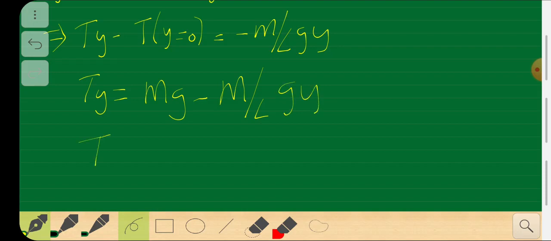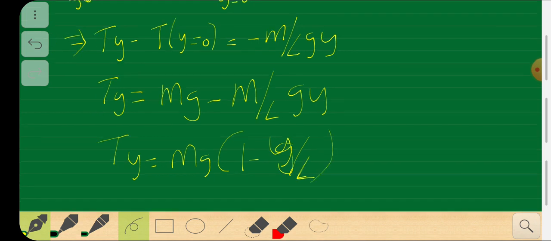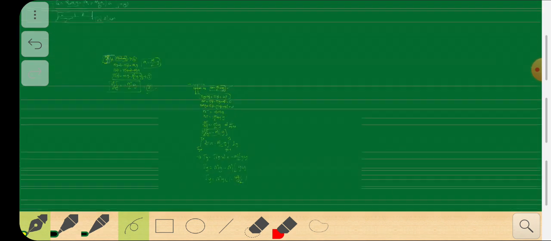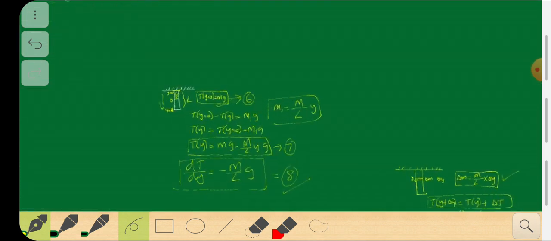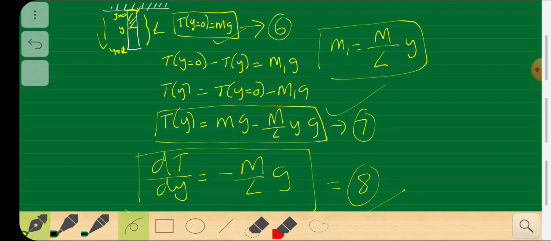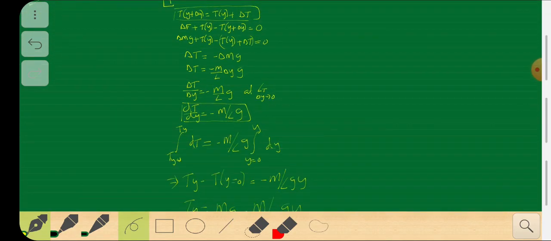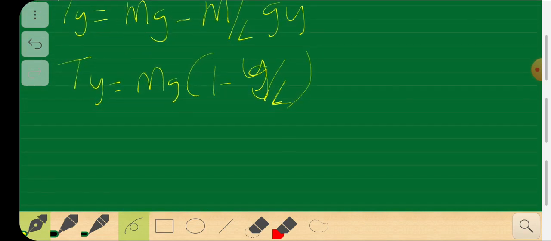So you can write down T of y must be equal to mg times 1 minus y by L, right? So that will be the same as equation 7. If you look back at equation 7, it will be the same. So now we have used integration to find this out much more easily.